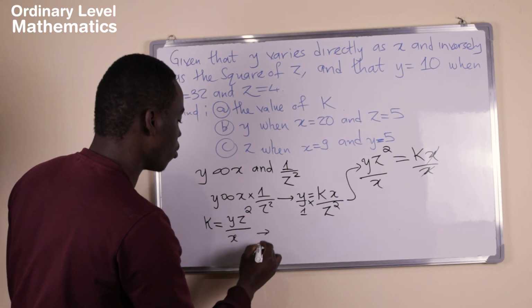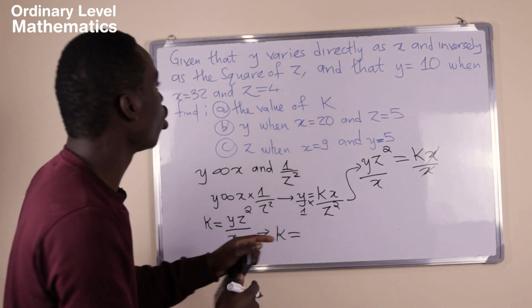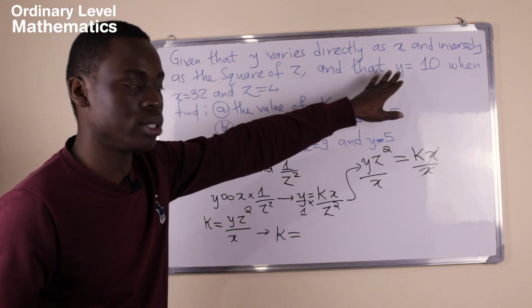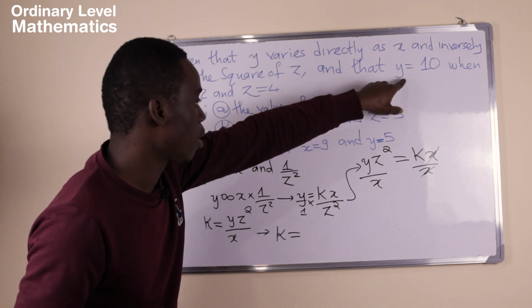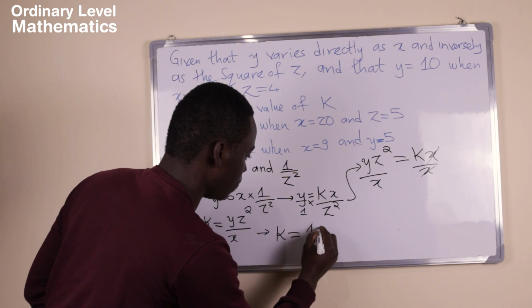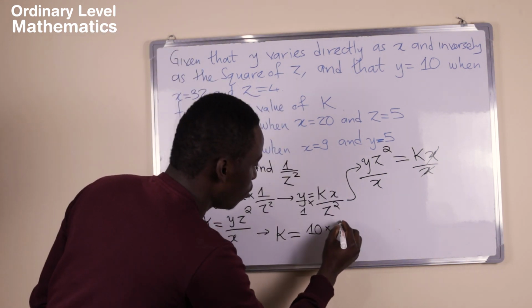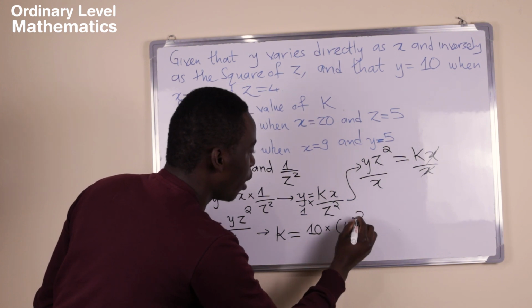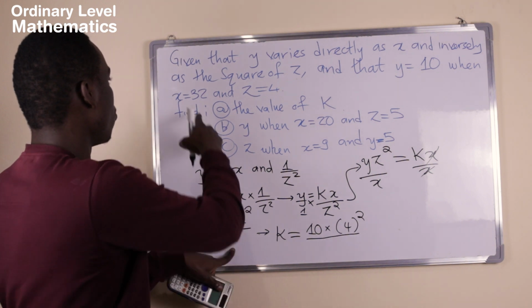Now how then do we find the value of k? All you have to do is replace the figures you've been told in your expression. We've been told that y is equal to 10, hence y is 10 times z, which is 4, squared, because this is z squared, divided by our x, which is 32.